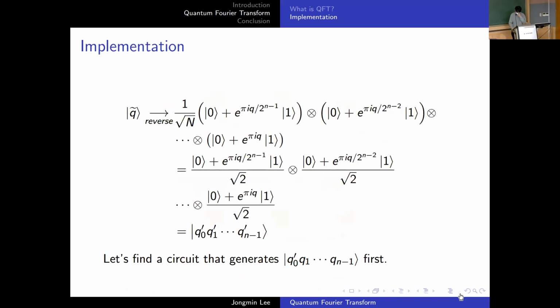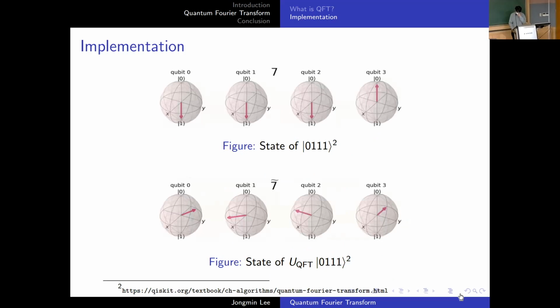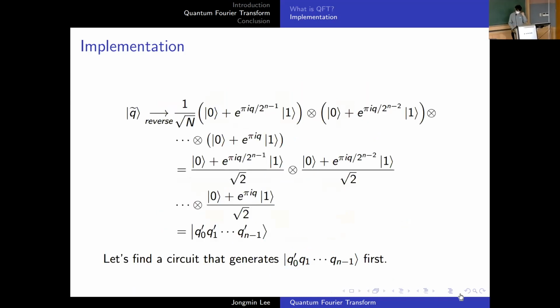Since for the implementation we have to reverse the basis ordering to make a circuit, it is well operated since the tensor product can just change its order.